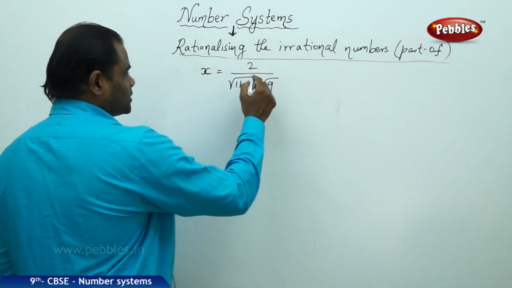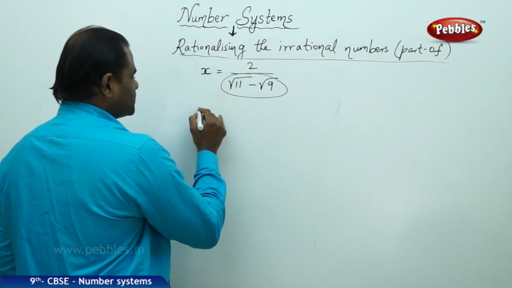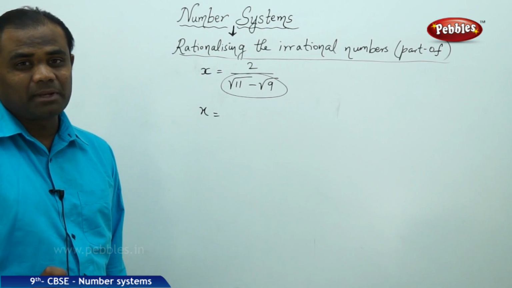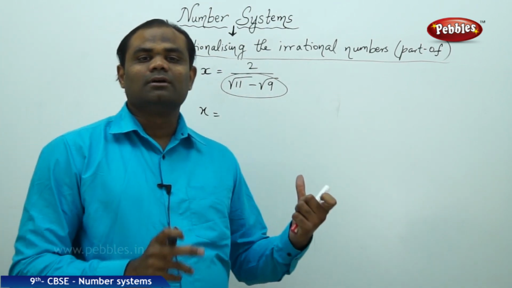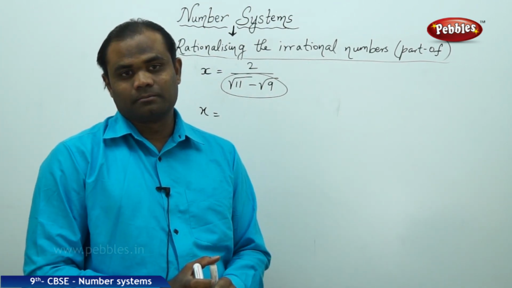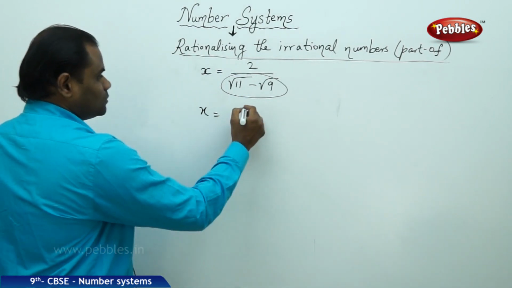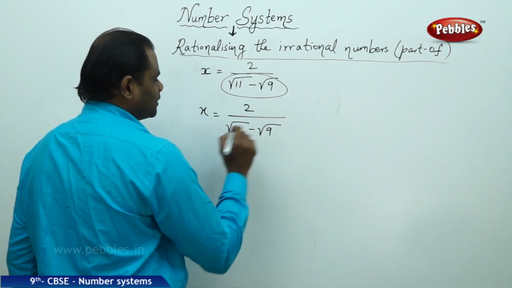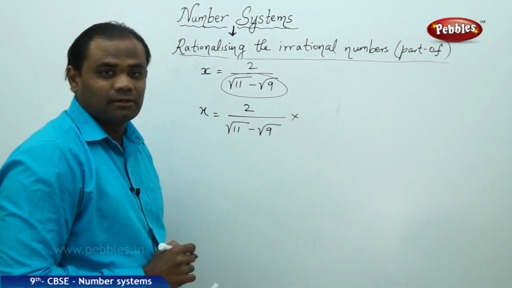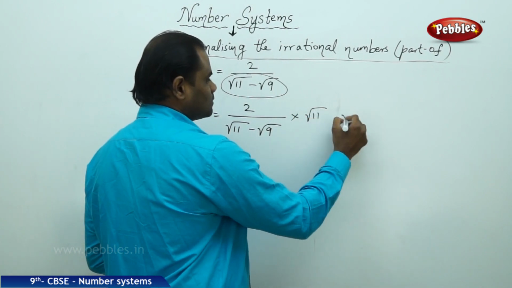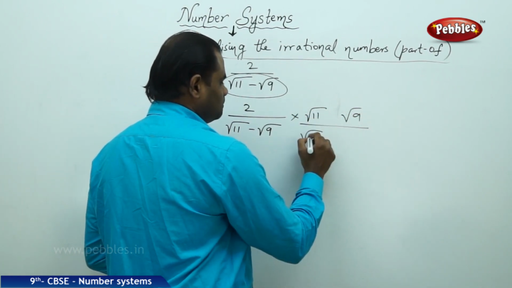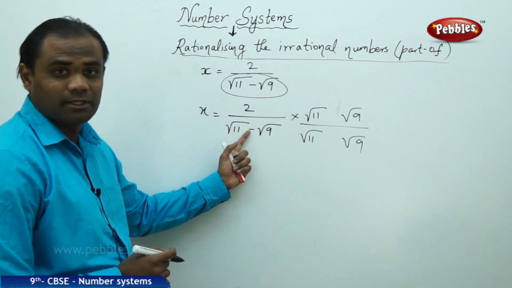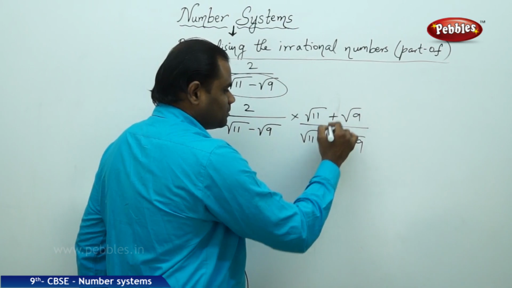So in order that I rationalize this denominator, the concept in case of two added or subtracted numbers is that I multiply and divide the same number with opposite sign in between. That is, when I have 2 by root 11 minus root 9, then I multiply and divide with the same irrational numbers but with opposite sign. If I have minus in the given question, I have plus, which I multiply and divide.